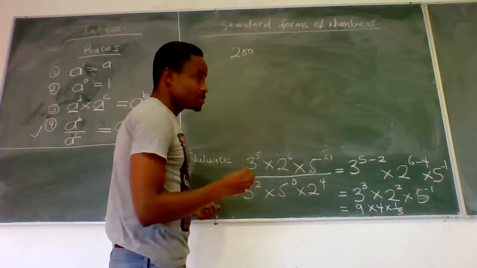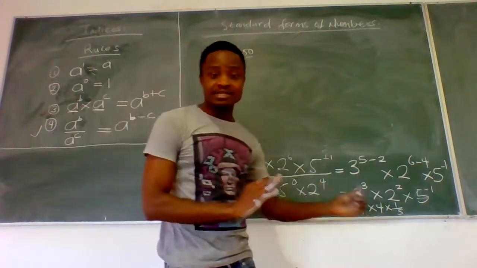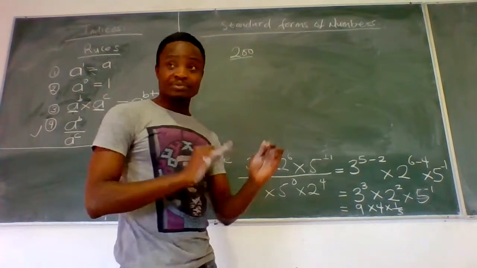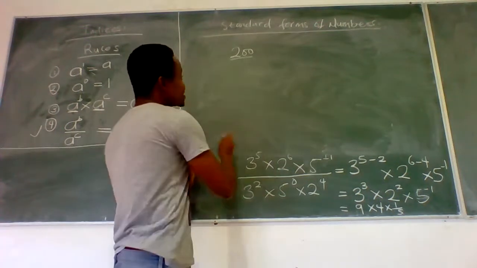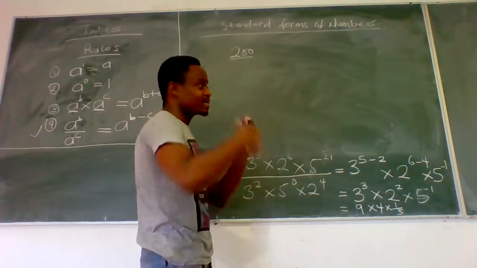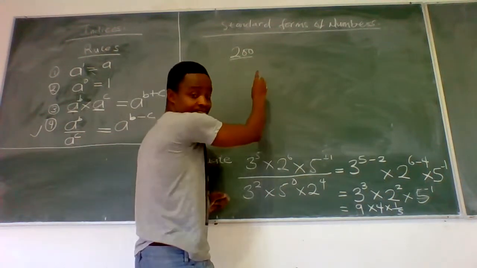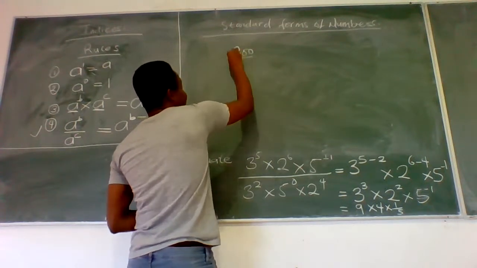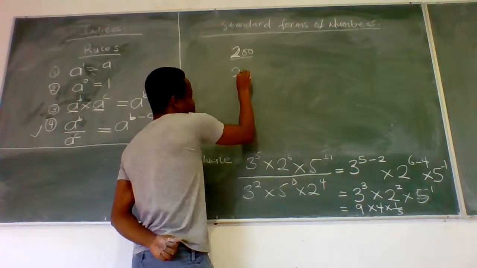What we want to do is express the number between 0 and 10, which comprises the first part, and then the second part is that number multiplied by 10 exponent something. So when we have 200, you see 2 is between 0 and 10. So I have my 2 here.